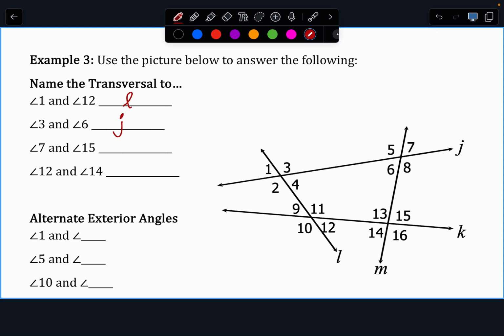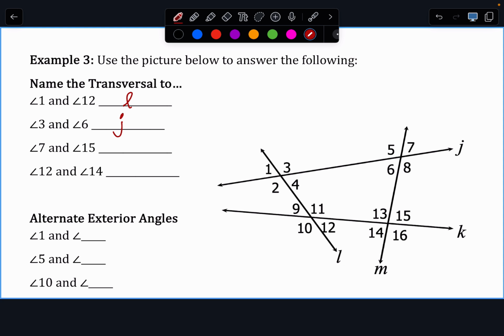All right, so now, alternate exterior angles. Here's angle 1. Look, guys, there's 2 different ways that we can answer this problem. Because we can look at the transversal J, or we can look at the transversal L. You see what I'm saying? Okay, so let's look at transversal J. Who is 1's alternate exterior angle?